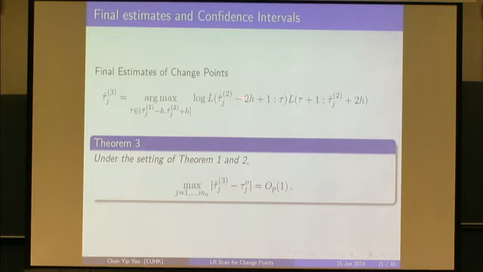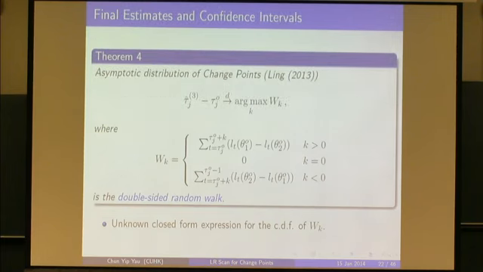Just like that, I have the observations on the extended local window, and I apply the search for one change point. If I do this, the updated change point will be the final estimate, and I can show that this is big O(1), the same as the traditional result.